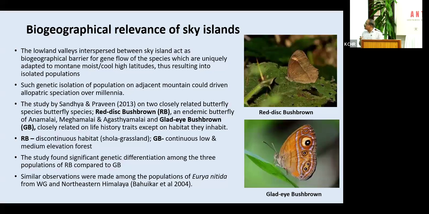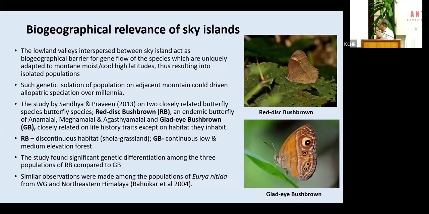Then there is another important aspect of this Shola grassland which has been studied by phylogeny people, to look at how the habitat favors speciation, and how allopatric speciation can happen in this area.